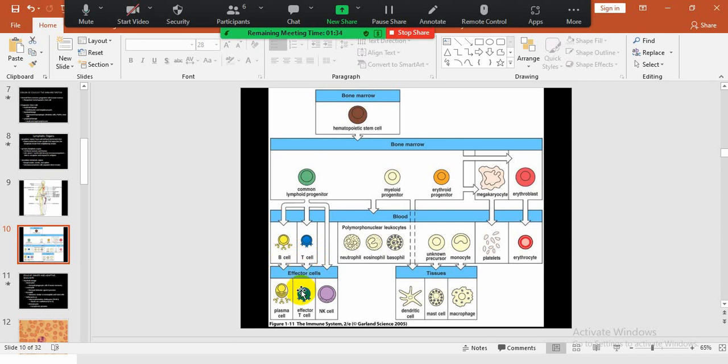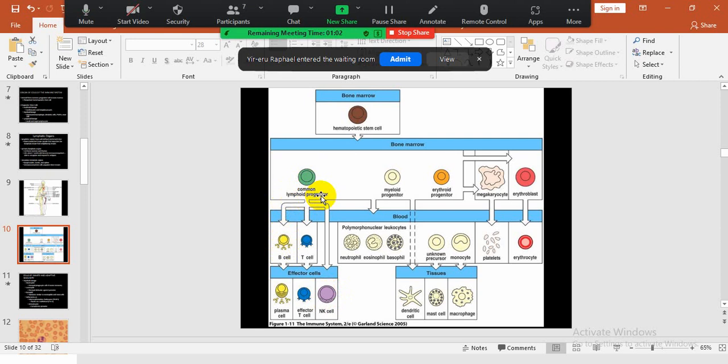T cells produce helper T cell and cytotoxic T cell, but here we can only see the cytotoxic T cell, or effector T cell, which is the same; the helper T cell is not shown. The natural killer cell fights against viral infections, but it is not specific for any organism. So B cells and T cells belong to the common lymphoid progenitor lineage.